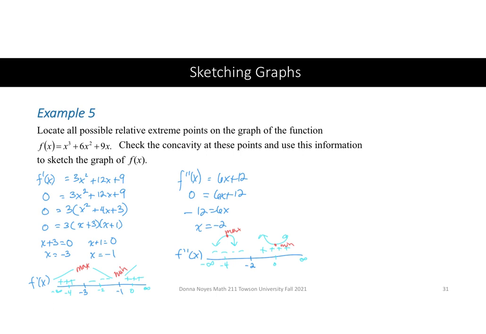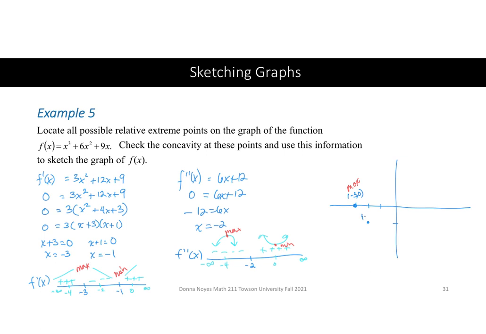So what might our graph look like? Well, you can plug it into your calculator to double check what it looks like. But what we know is that we have the point negative 3, 0. Right, that's negative 3, 0. And that's going to be a maximum. We know this is going to be a max. We have the point negative 2, negative 2.